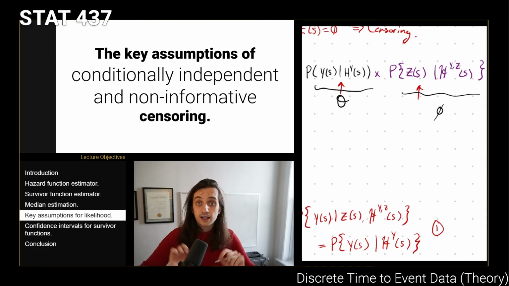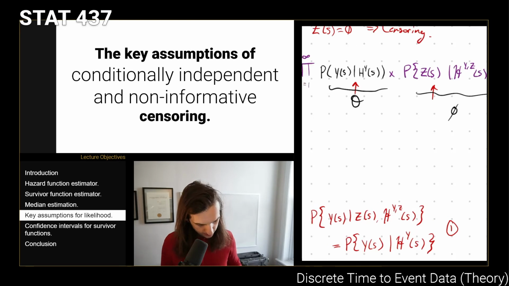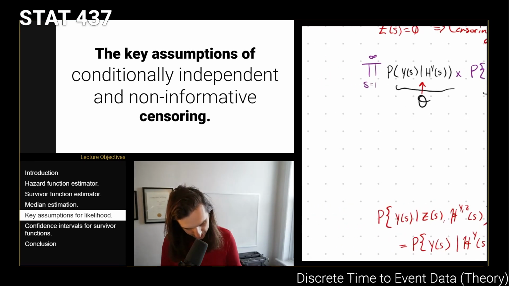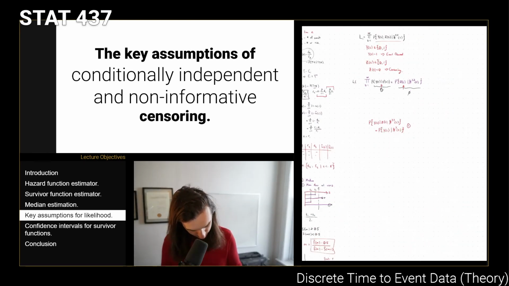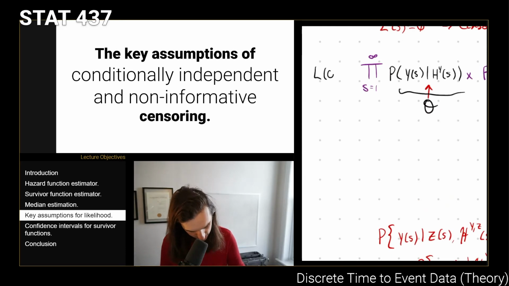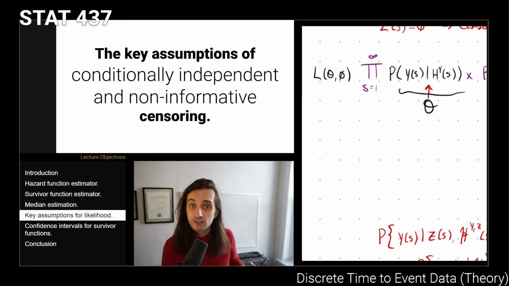Now, if phi and theta don't share any components, they're entirely separate from one another, then we're looking at the likelihood of theta and phi, but we only really care about the likelihood of theta. We only want to make inference about theta. Censoring is an inconvenient thing that happens, but we don't really care about predicting it.